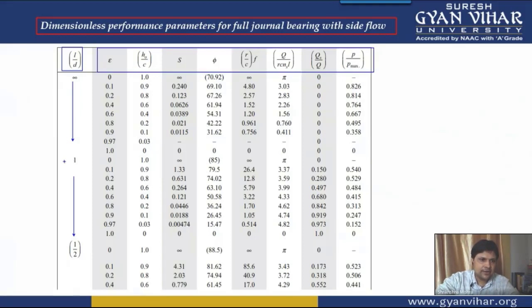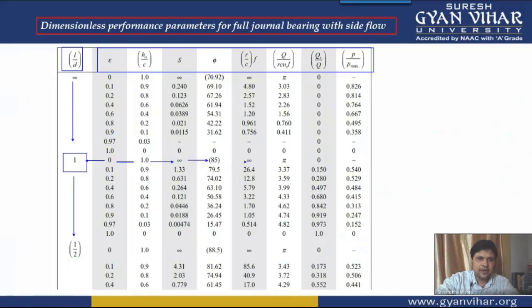For example, if the L by D value is 1, based on this value we will calculate the value of epsilon, and H naught by C, this is Sommerfeld's number.